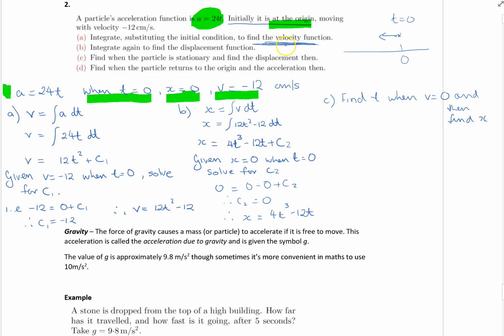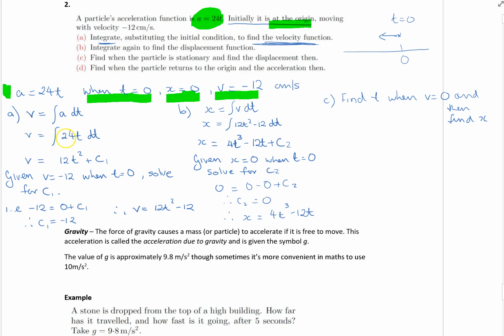You might just get asked to find the velocity function. So I'm finding the velocity. This is what I have to be able to bring to the solution, that velocity is the integral of acceleration. They didn't tell me that, but they gave me a fair hint, telling me I would be integrating.